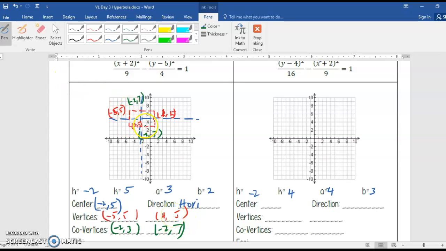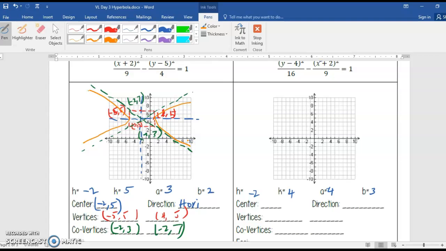Alright, now that we drew the rectangle, we can go across and draw the diagonals which form the asymptotes. Right? And then we would actually draw the curve. Let me take a different color. Yeah, you have to go through the vertex also, right? So make sure you're doing that.